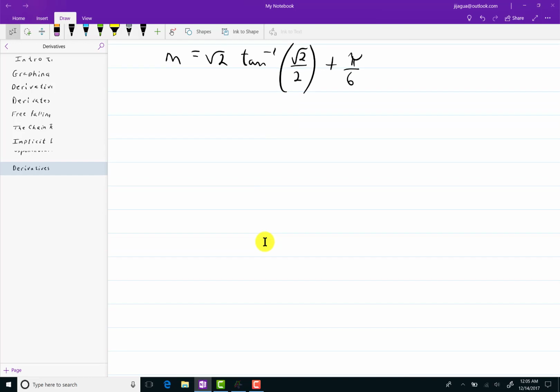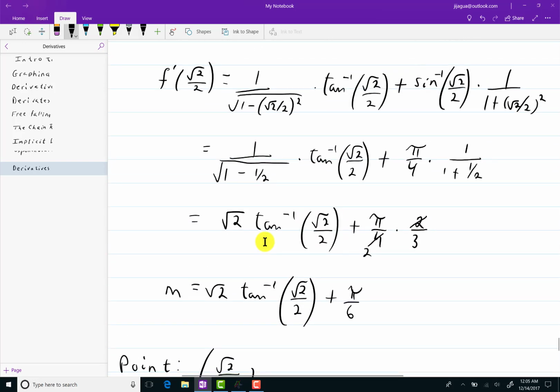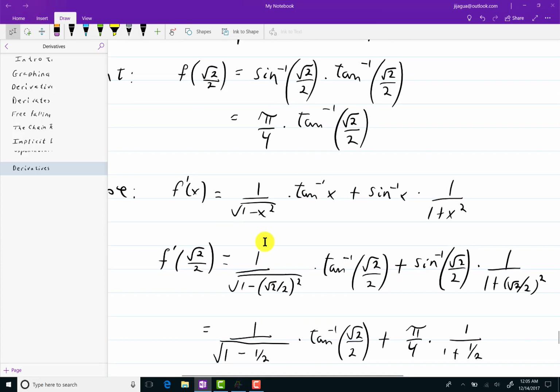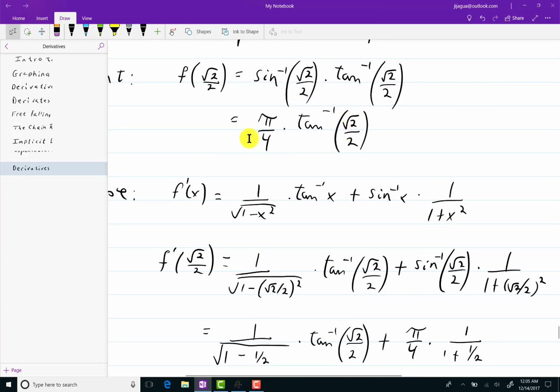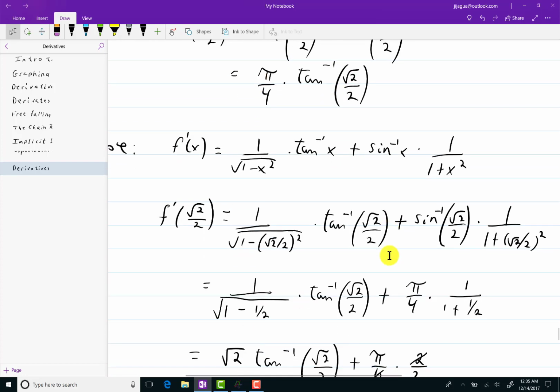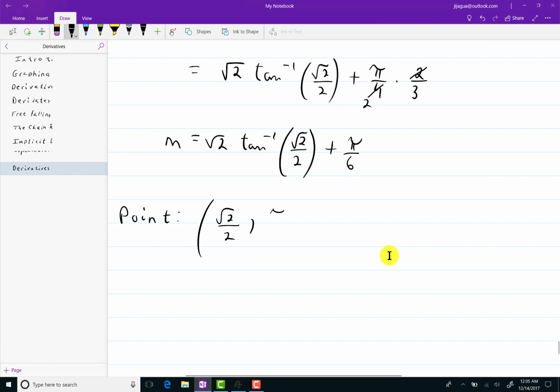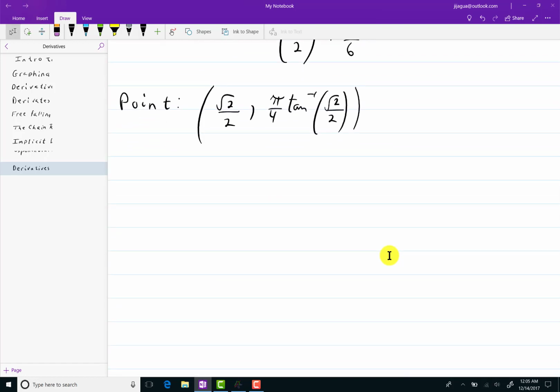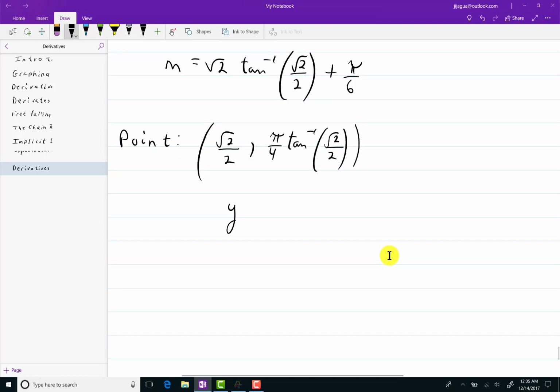So now we're ready. The point was radical 2 over 2. The y value wasn't so good. Oh yeah, it's not so bad. This is the point that I got earlier: pi over 4 times tan inverse radical 2 over 2. And there's my slope, so the m I already have. So we're going to do y minus y0 equals m times x minus x0.